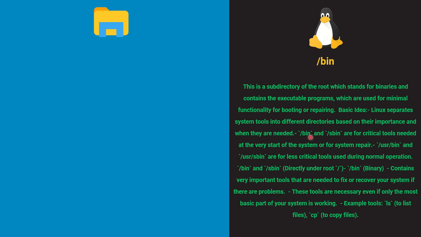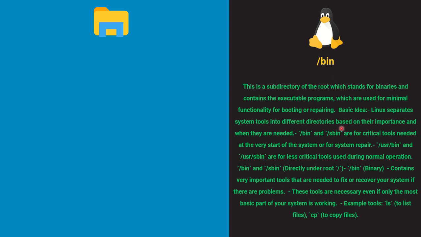So /bin, which stands for binaries, and /sbin, which stands for system binaries, contain critical tools that are needed at the very start of the system, or they are used during system repair. And we also have /bin and /sbin under the /usr directory. We will talk about that on the next slides.